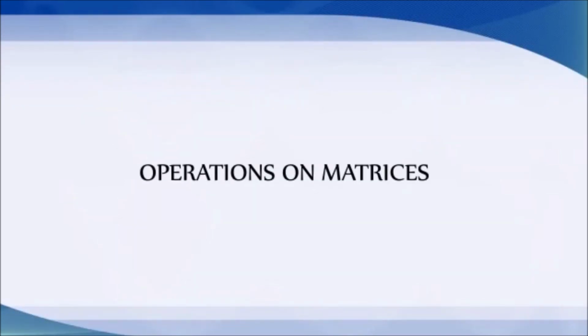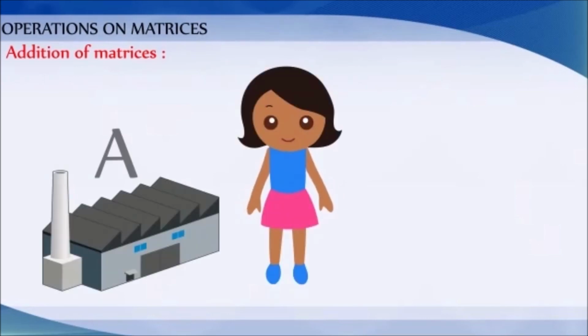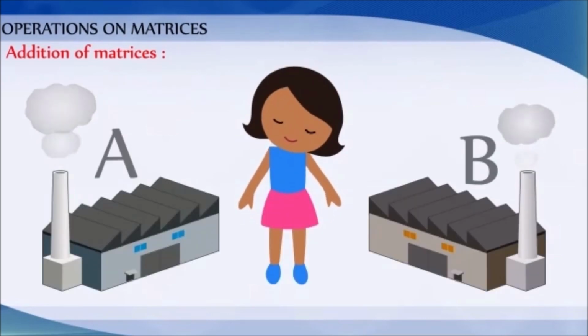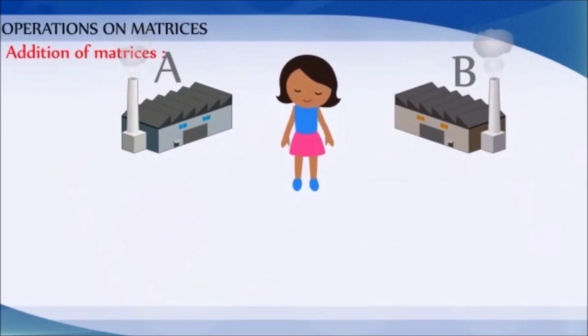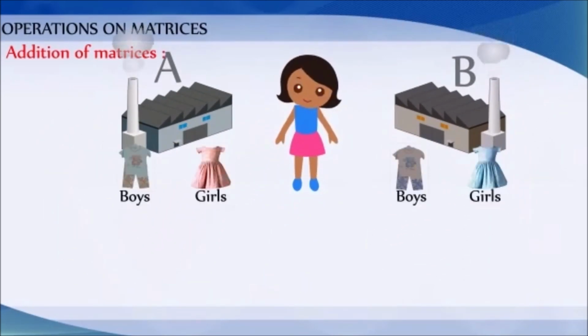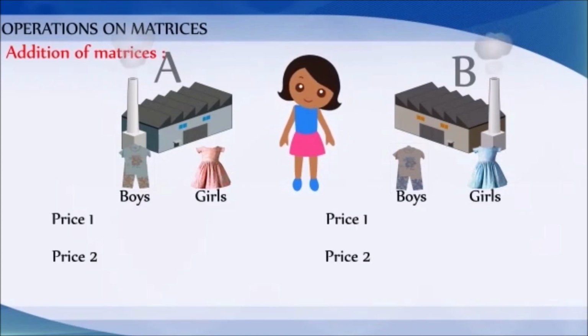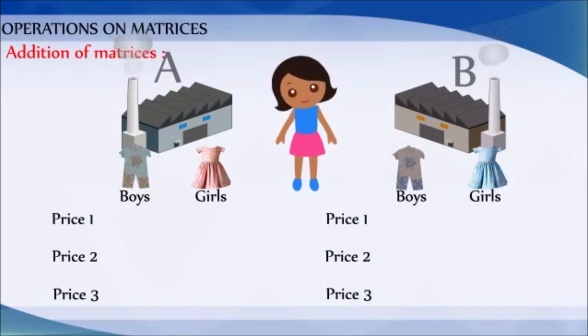Operations on matrices. Addition of matrices. Look at this example. Suppose Samina has two factories at places A and B. Each factory produces sport dresses for boys and girls in three different price categories labeled 1, 2 and 3. The quantities produced by each factory are represented as matrices.